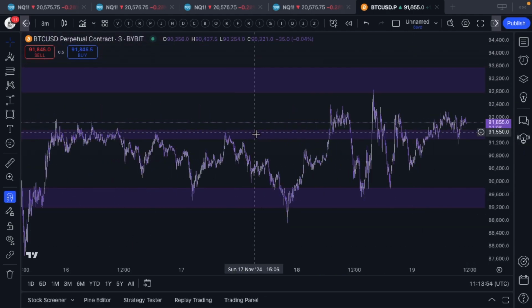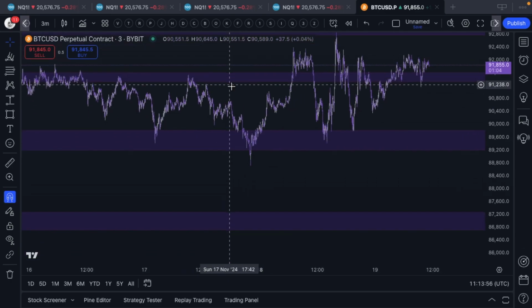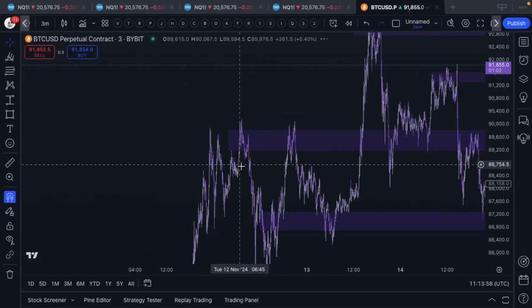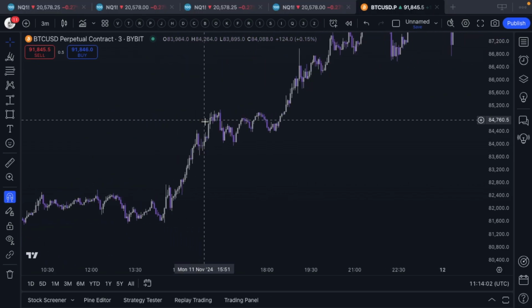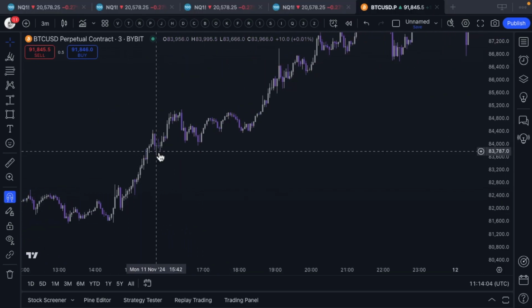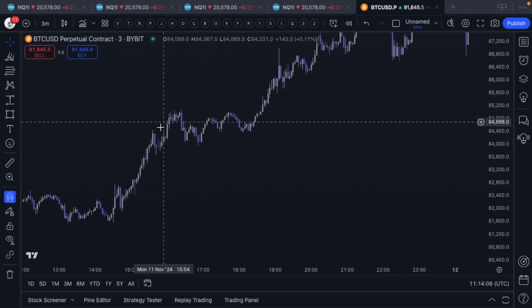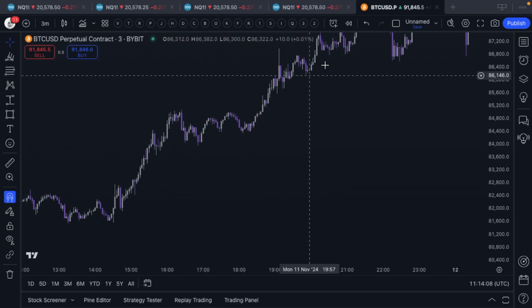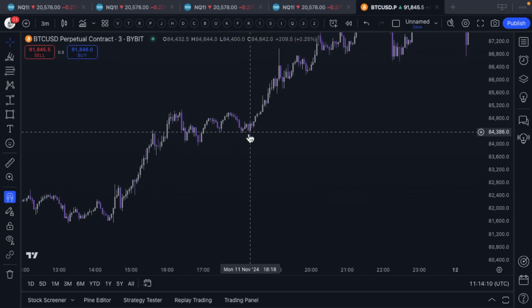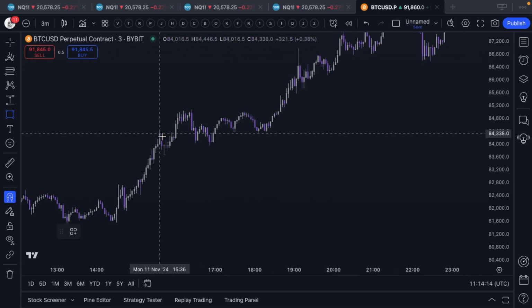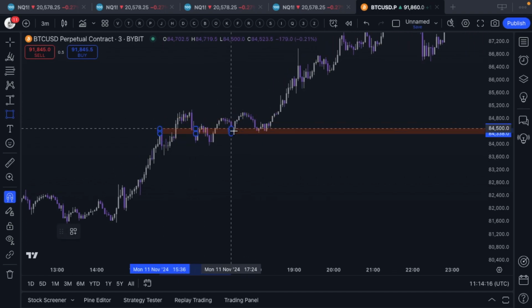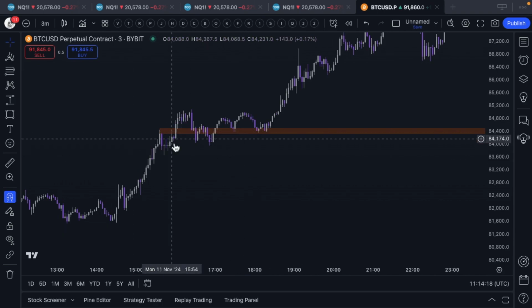When price is really moving away, you're not really going to be able to find these zones here to trade. For example, something like this here, we've come up, we get a pullback here. So you can start to map stuff out in here, but it quickly just goes away from it, right? So these are those sorts of situations where you're going to be thinking about this on much lower time frames.